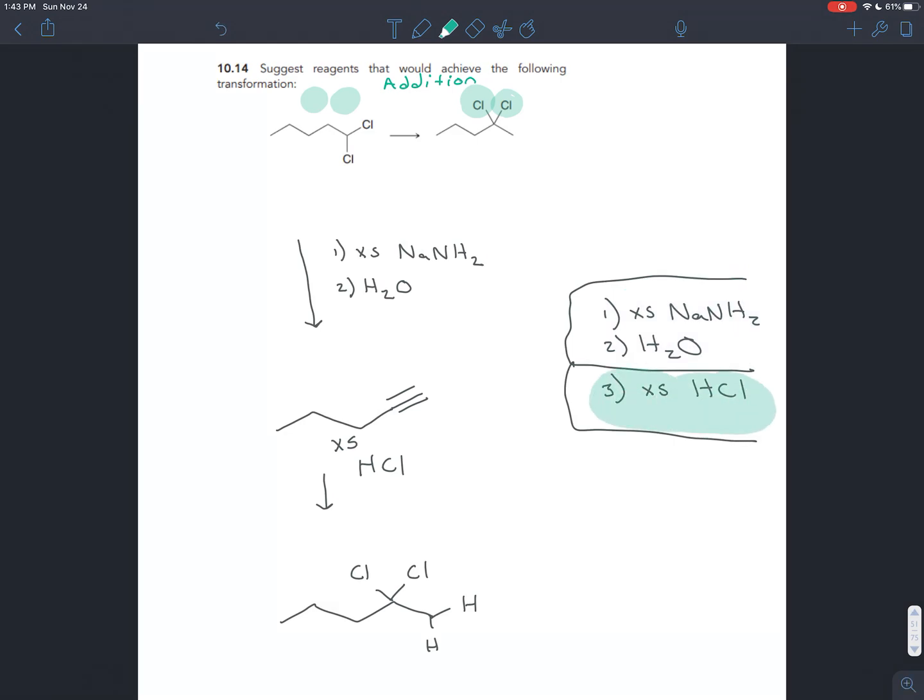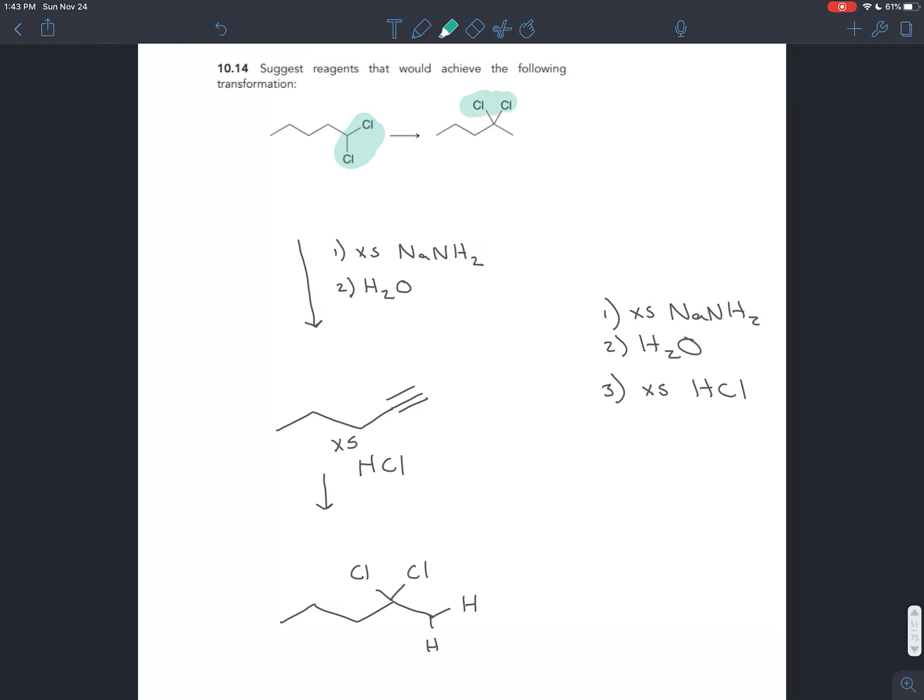Hydrohalogenation, or halogenation, puts leaving groups on a molecule and takes away pi bonds. So they're really the reverse of each other. And by taking leaving groups off and putting them back on in a different place, you can effectively move them around. And that's what it looks like is happening here.